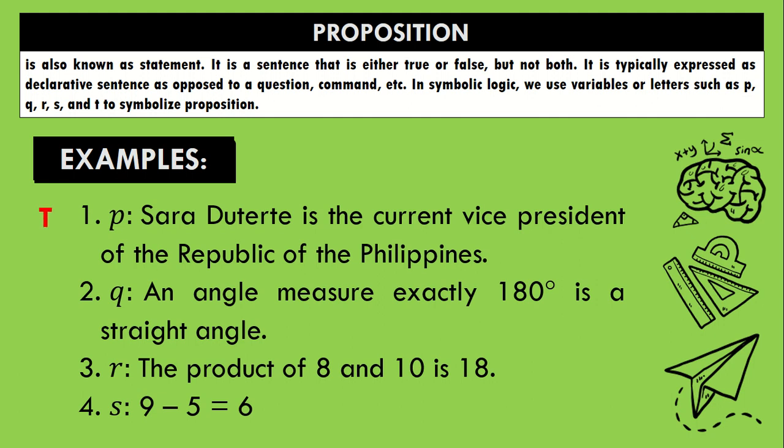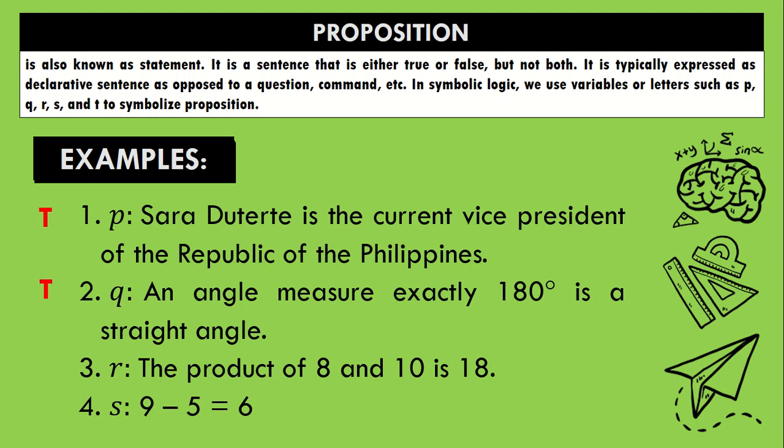Whenever we have propositions and identify their truth value, we represent true as capital T and false as capital F. Another statement, an angle measured exactly 180 degrees is a straight angle. Here it's also true, so capital T. Another one, the product of 8 and 10 is 18.